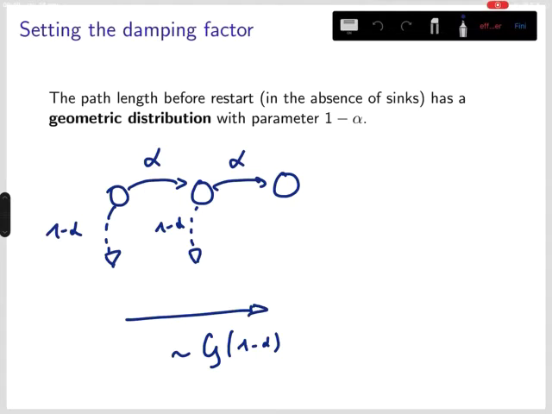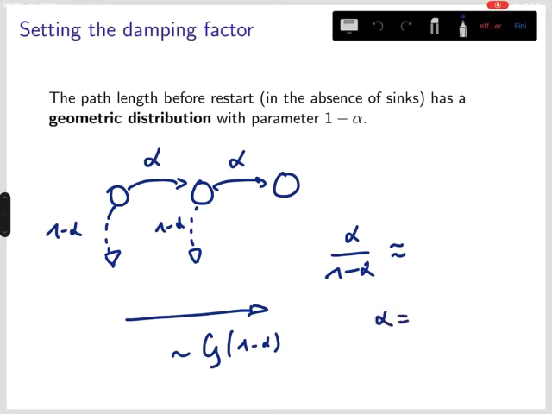So in particular, the expectation is alpha over 1 minus alpha. It is almost 0 if alpha tends to 0, and it tends to infinity if alpha tends to 1.